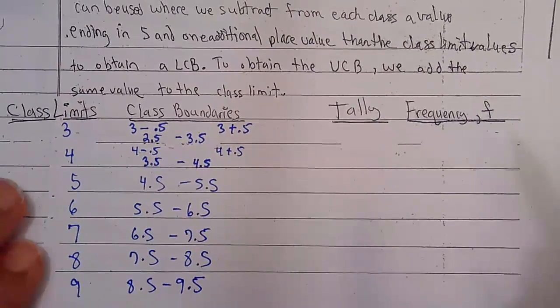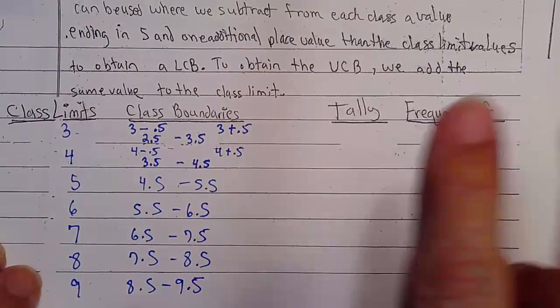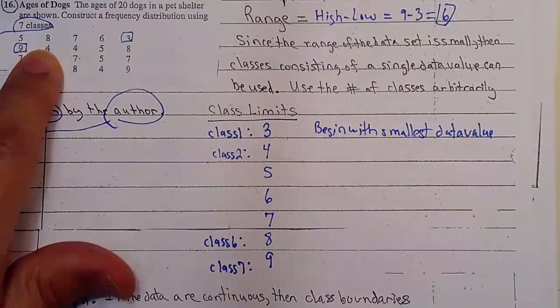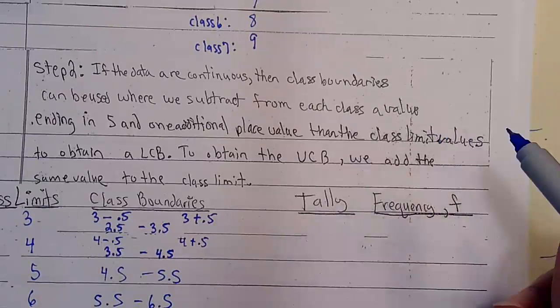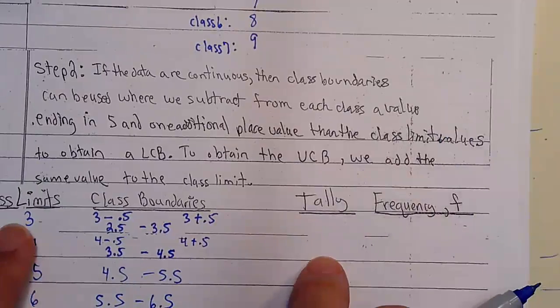Now the tallies. For the tallies, I go to my data. I see my first data value is 5, and then I have an 8. I'm looking at my class limits.